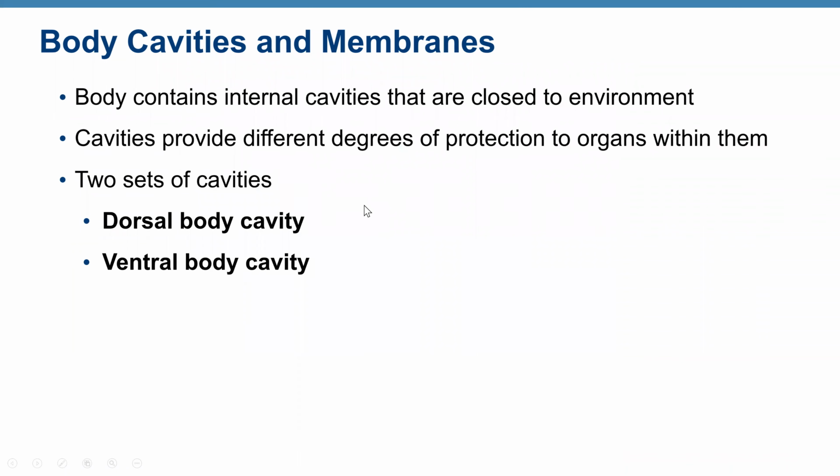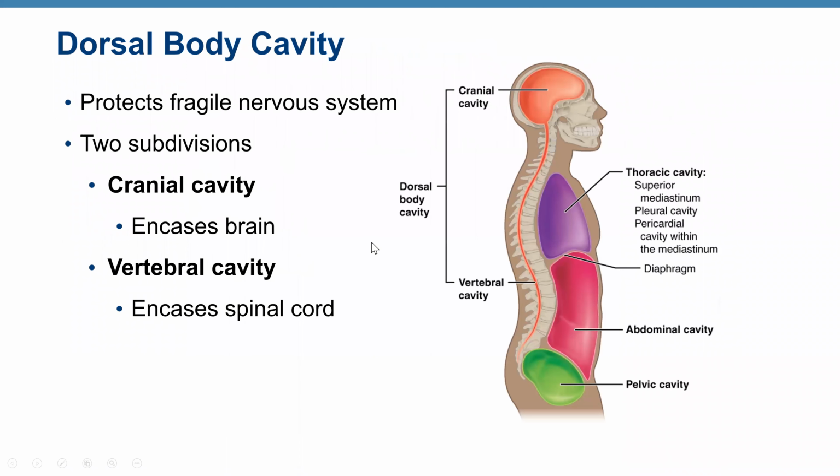The body contains internal cavities that are closed to the environment. Cavities provide different degrees of protection to organs within them. We have two sets of cavities, dorsal body cavity and ventral body cavity.